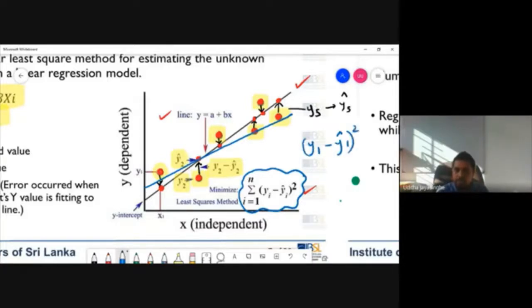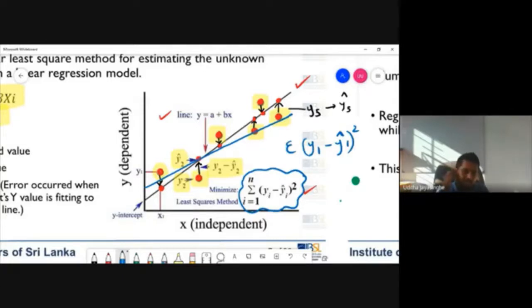For this particular value, I can find a number. Why? Because once I do this exercise and calculate these instances, I will end up with a number, isn't that so?